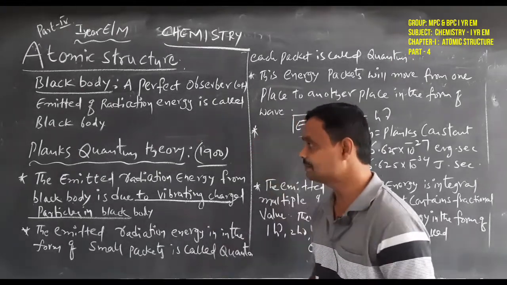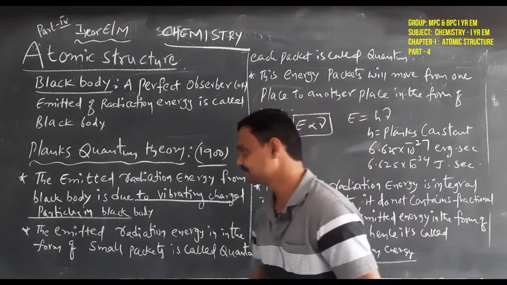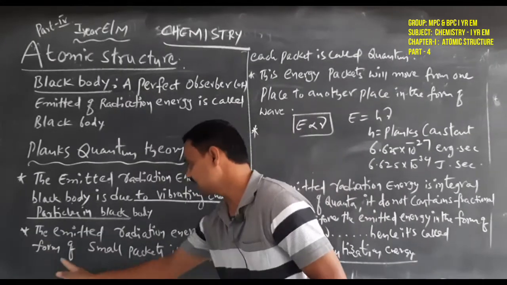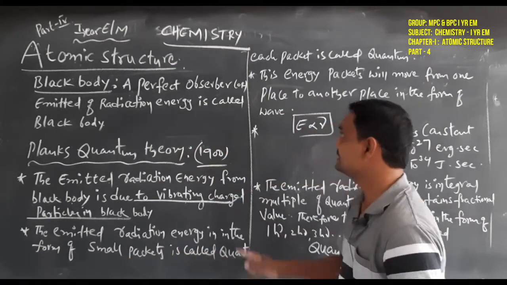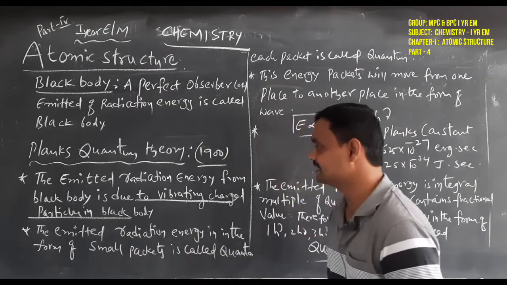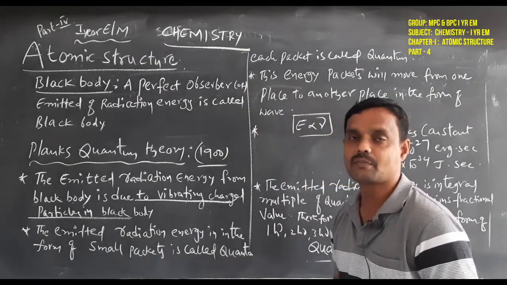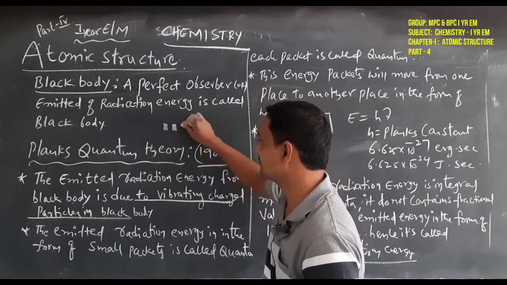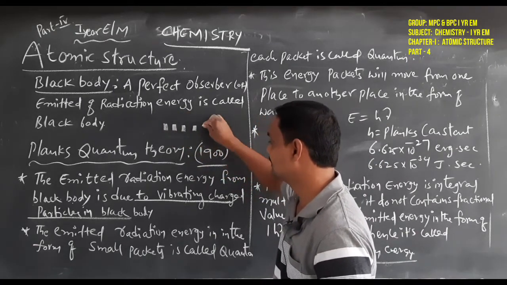Next, the second postulate, the second assumption: the emitted radiation energy is in the form of small packets called quanta. What is that? The emitted radiation energy is in the form of small packets.